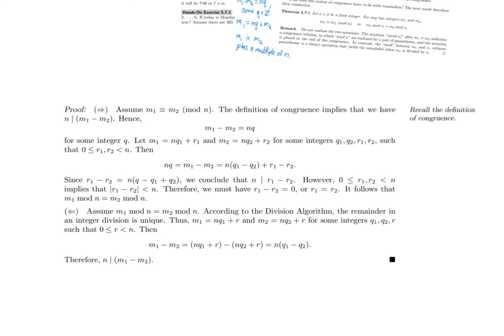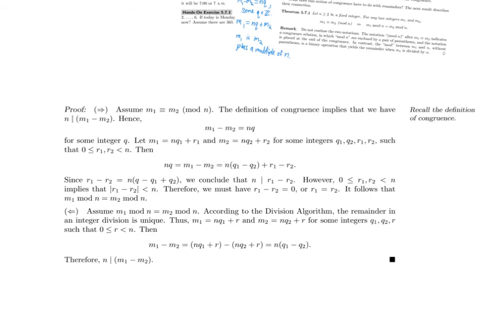What that tells us is n divides R1 minus R2. But R1 and R2 are both less than n, which tells us that the absolute value of the difference between R1 and R2 is going to be less than n.